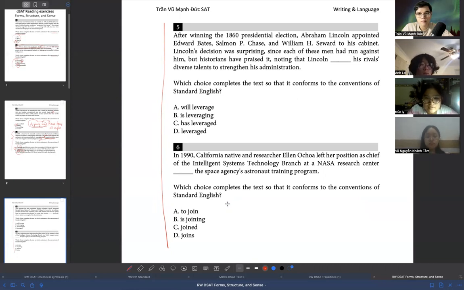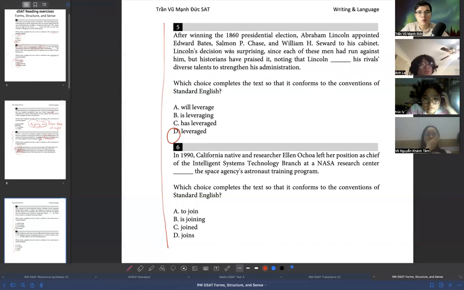D. 5 is D. So to find out whether or not the tense is correct, you're going to have to look for the verbs, the nearest verbs. And can you tell me what the nearest verb is? Praised.